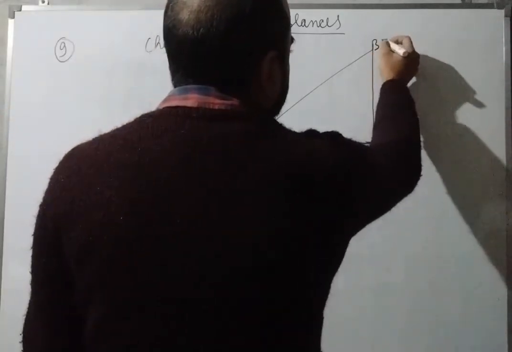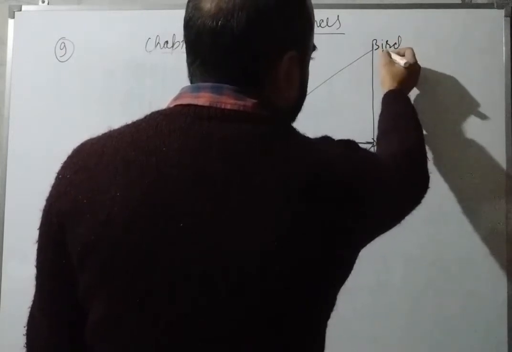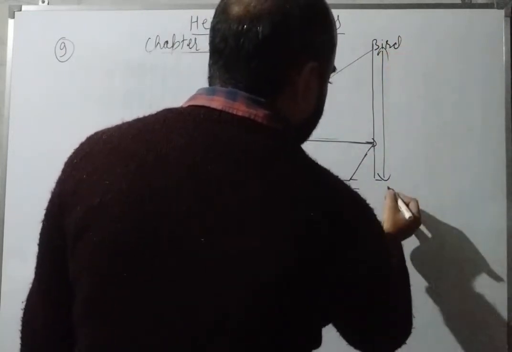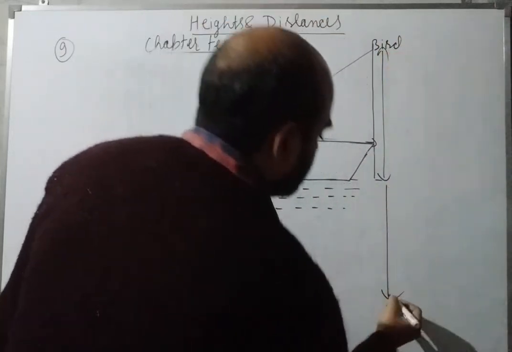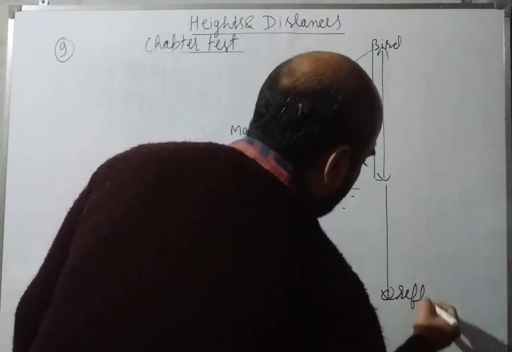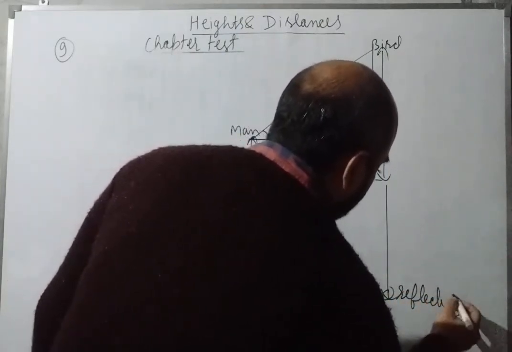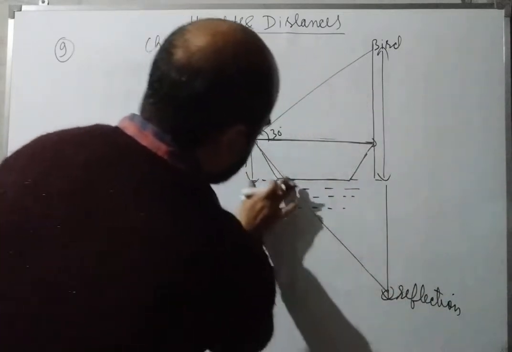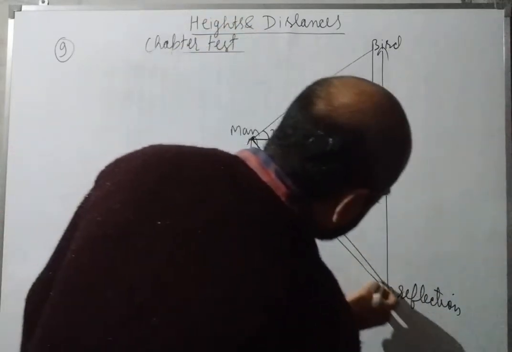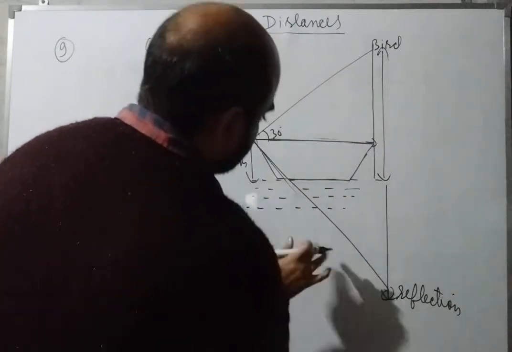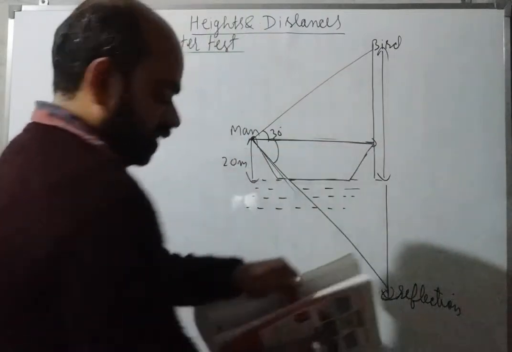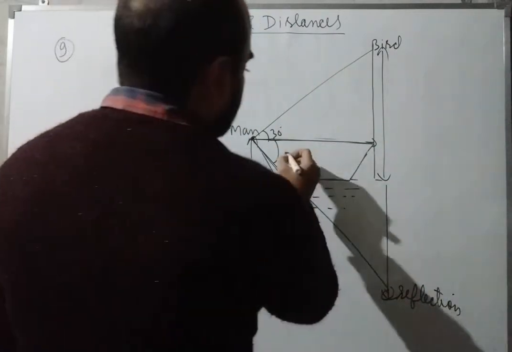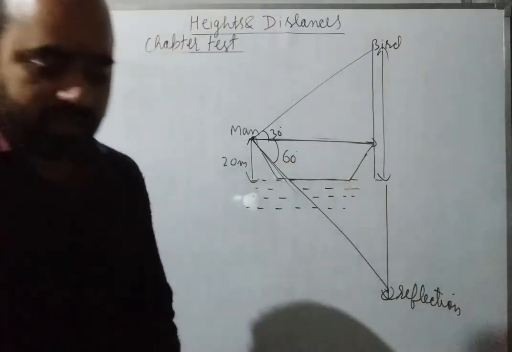Reflection of this bird. So reflection means these two distances will be the same. So suppose here is the reflection. So this angle is given 60 degree, correct?